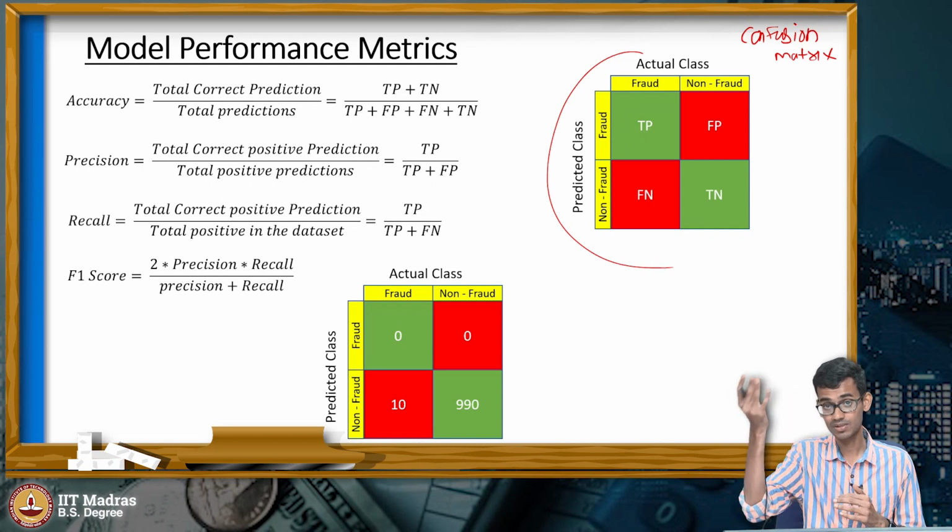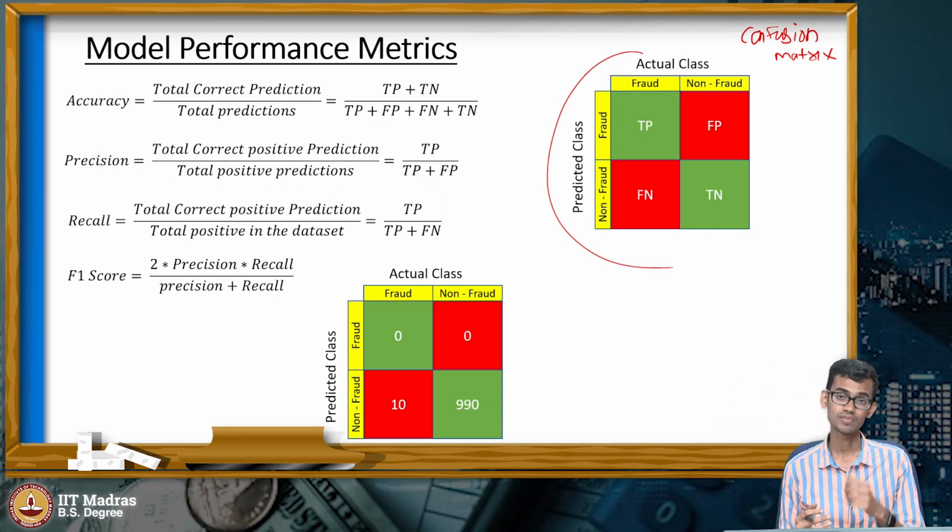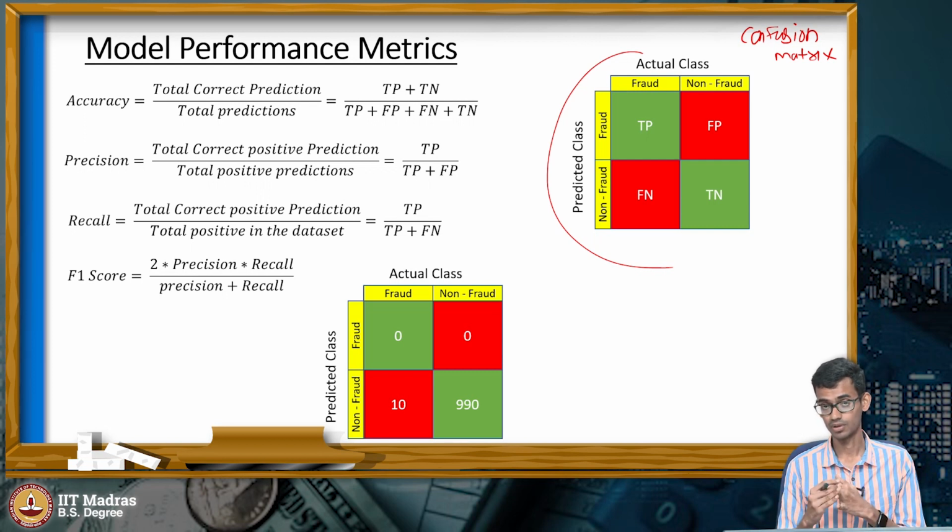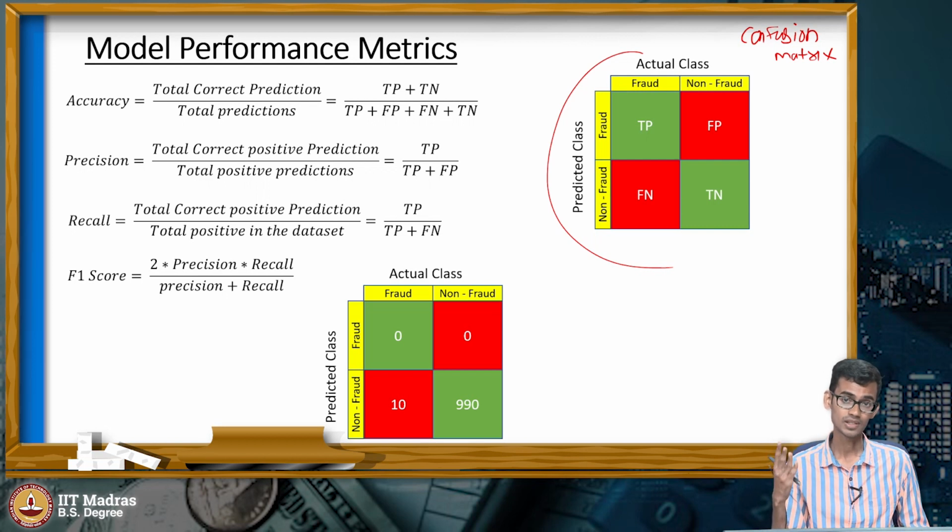Likewise, the actual ground truth can also have two possible values, fraud and non-fraud. So if you cross these two dimensions, the ground truth and the model's prediction, there are four possible scenarios which you can land in.